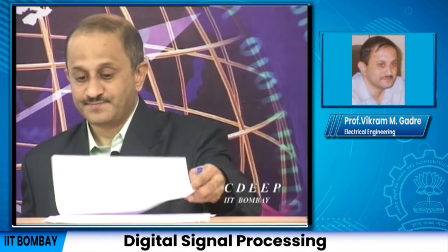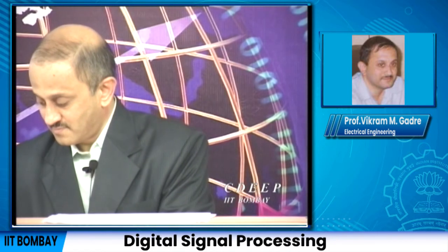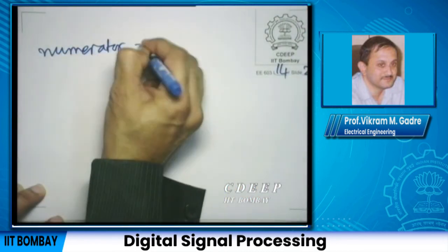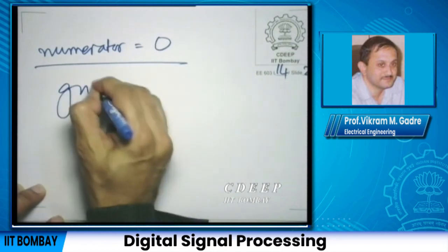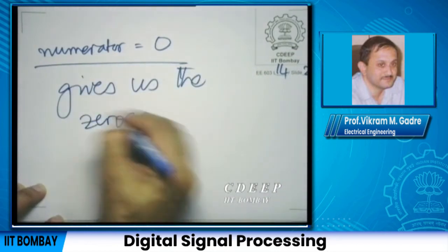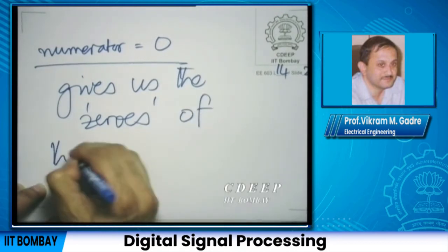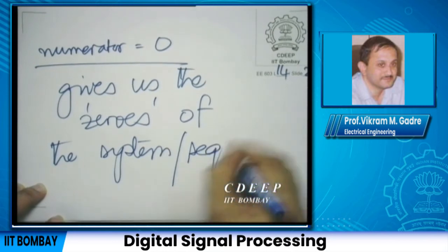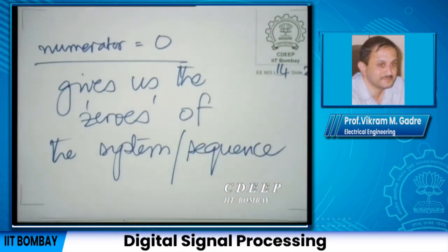Now, the numerator equal to 0 gives us the zeros of the system or the sequence, and we will explain in a minute why this nomenclature.